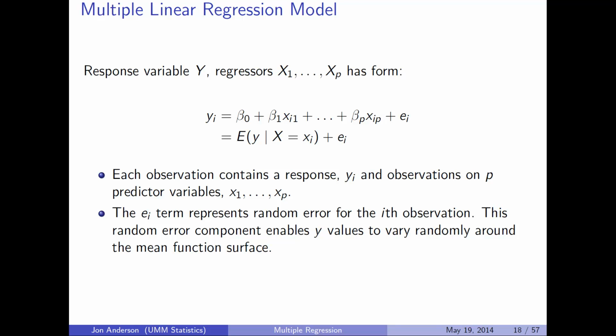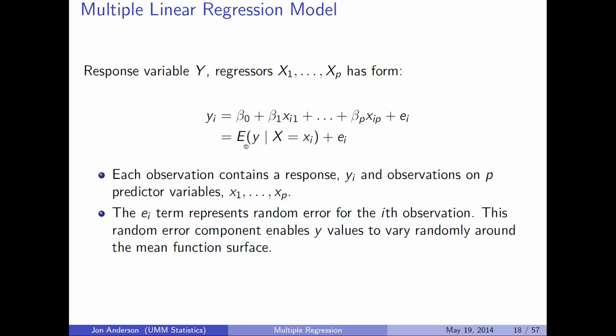A formal expression of the data creation system is that individual observations of y get generated by supplying values for each of the predictor values, and then there is random error producing scatter and variation above and below the mean function regression surface.